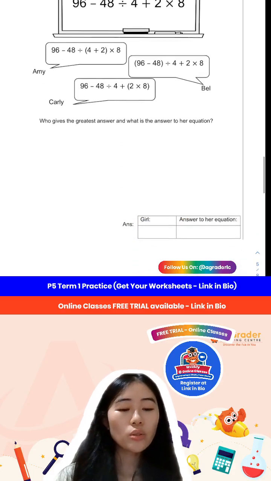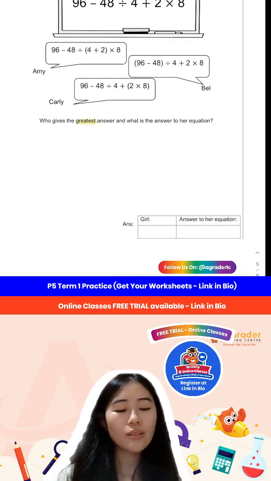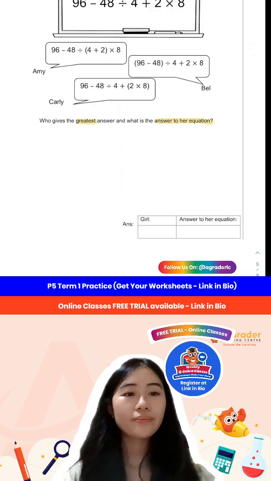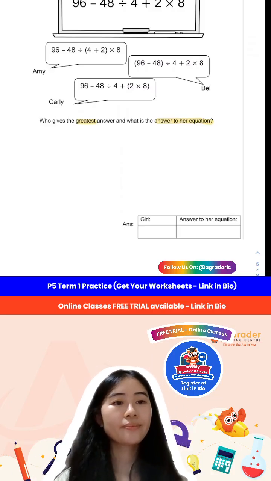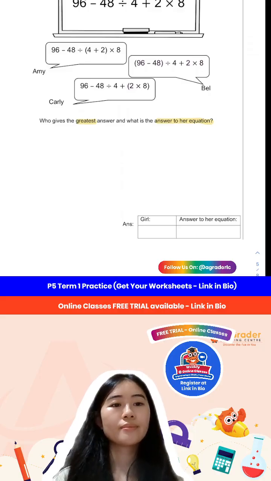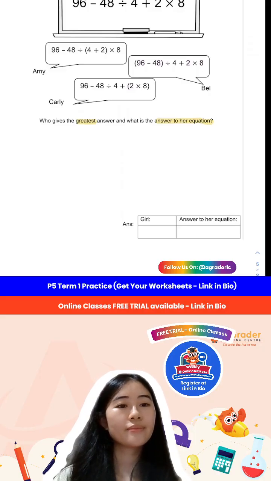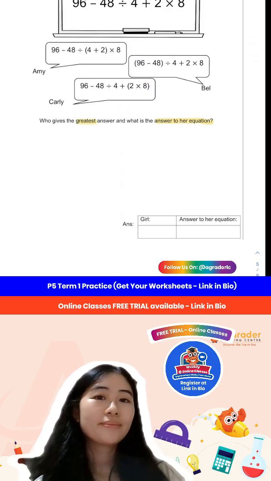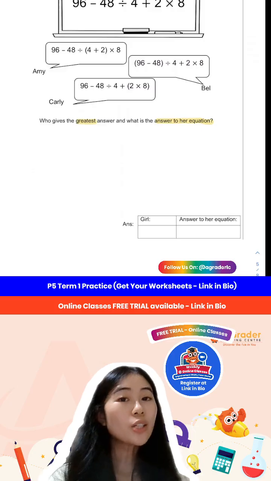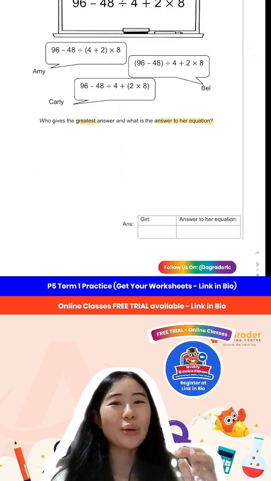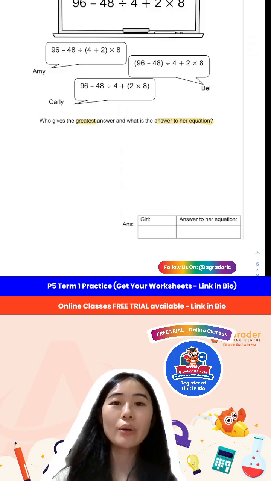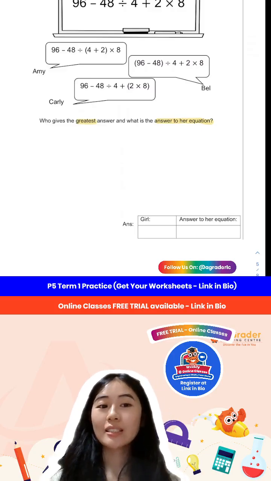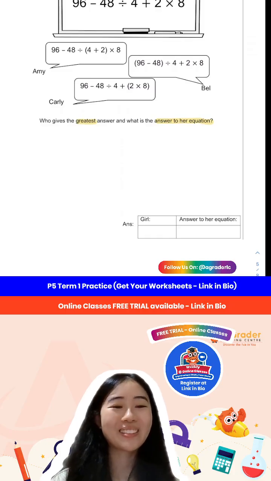So the question is, who gives the greatest answer and what is the answer to her equation? Foxy, you don't need to see the equation on the whiteboard. You just need to see what Amy, Belle, and Carly wrote. You don't need the topmost part.